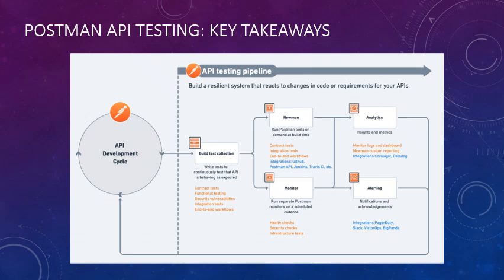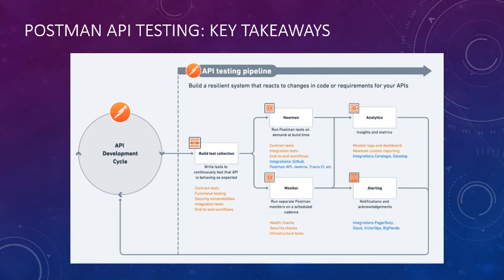Next, we looked at variables and environments. These allow us to separate our API configuration from our test logic and make our requests reusable across different environments. We then organized our requests into collections and folders, allowing us to build structured and maintainable API test suites.